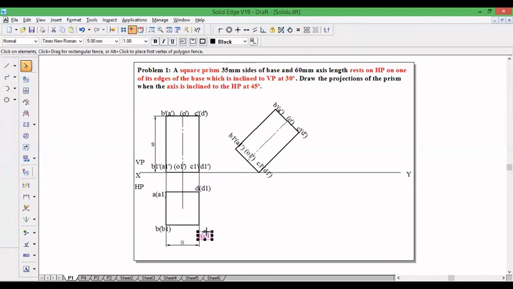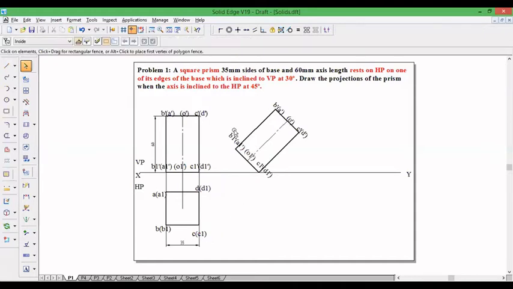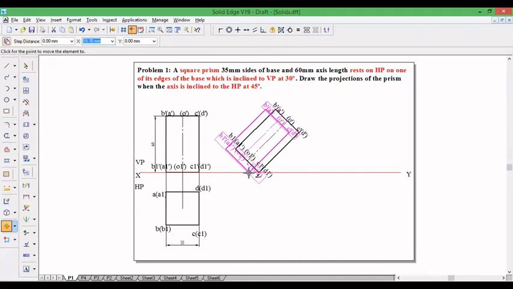Let us take this diagram, leave it on the left side to adjust the space, using move command. Switch off copy.